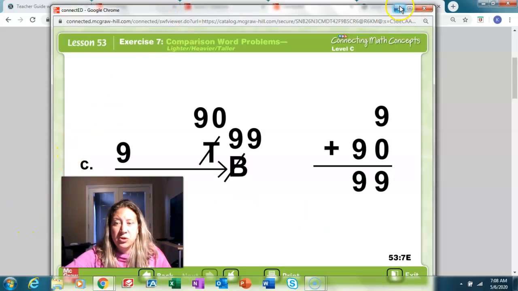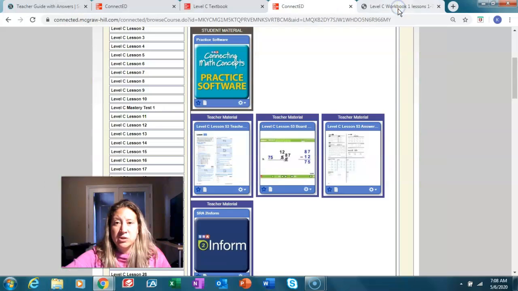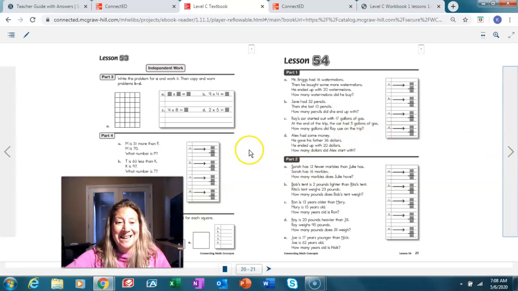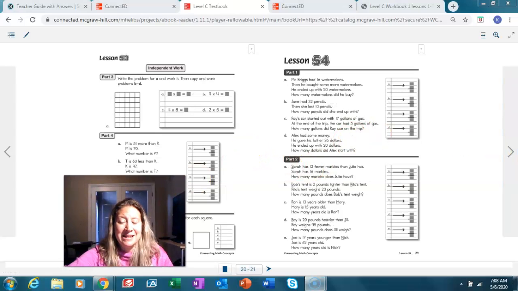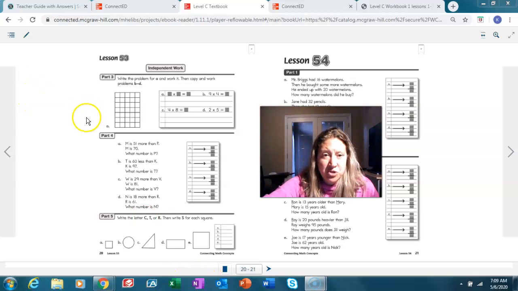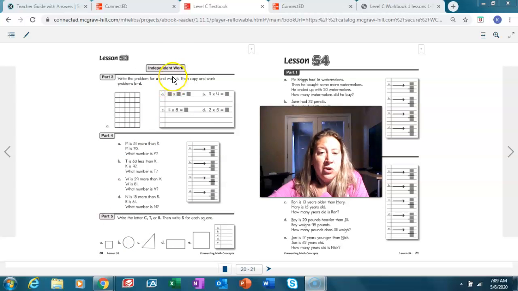I'm going to show you what your independent work is going to look like for today. So, if you click on my next link on my assignments, you will see that I have this page here for you. So, you could choose to either pause the video and use my screen right here, or click on the next link and open your independent page that looks like this.